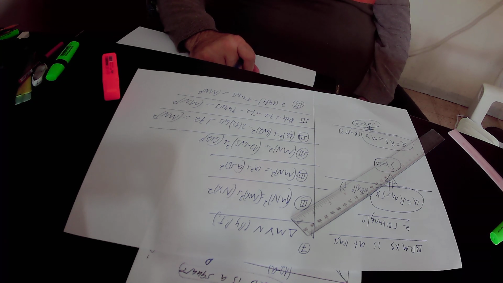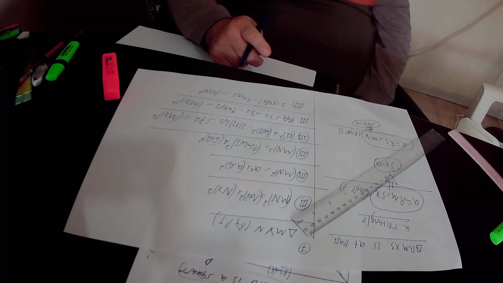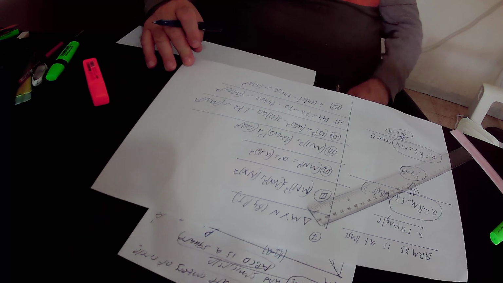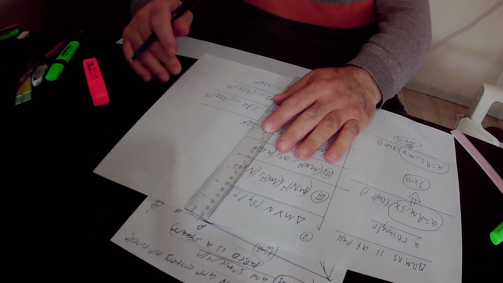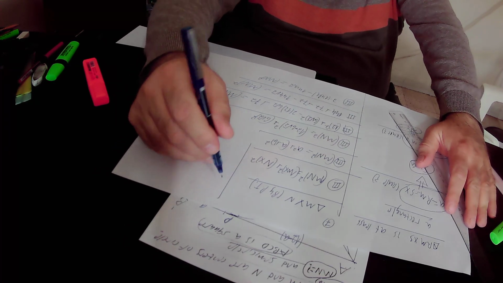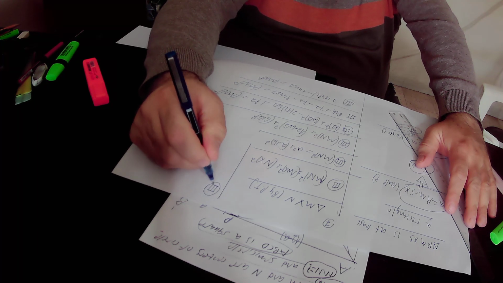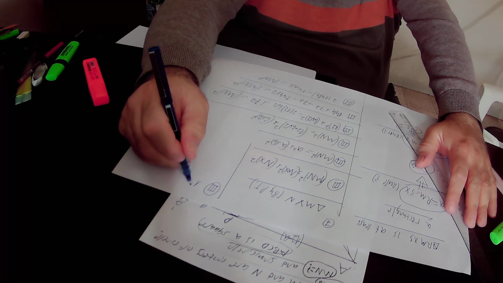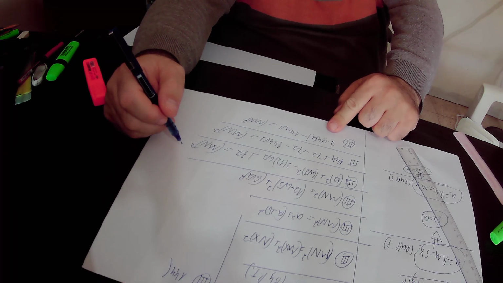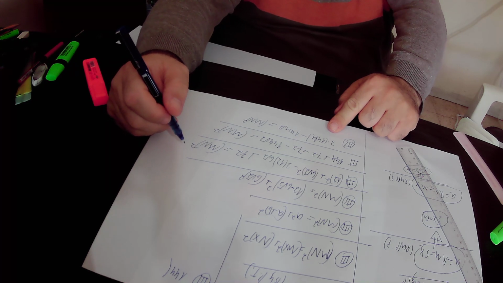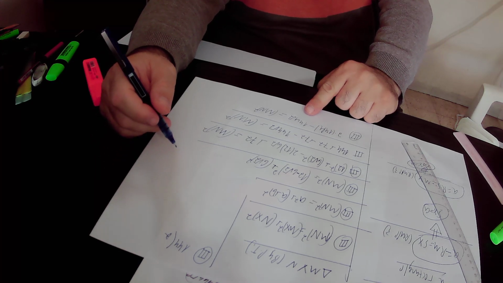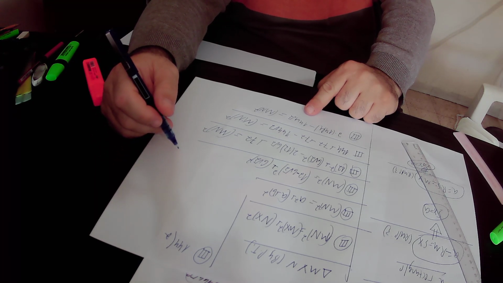Here we'll take a common factor of 144 on this side of equation number 3. 144 is the common factor, and inside the brackets is what is left from this expression after we took 144 as a common factor.